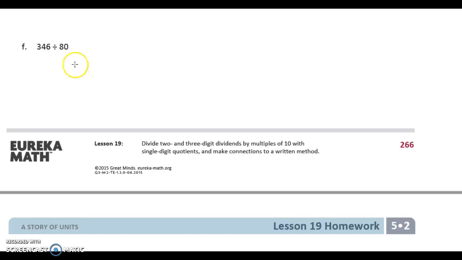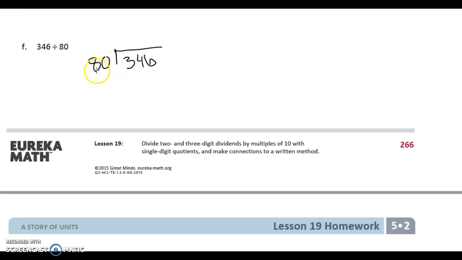Let's go and do E or F. Let's do F because it's the hardest one. So on this one, what do we have? It goes in here, 346, because when you read it out loud from left to right, 346 divided by 80.